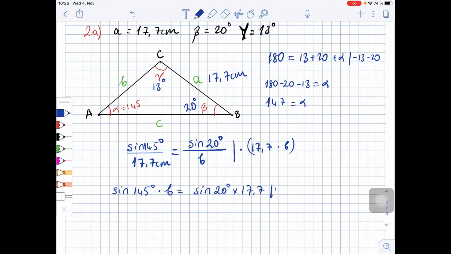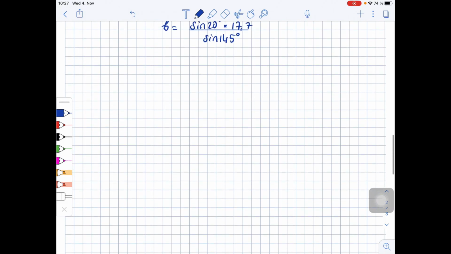So B is divided by sinus 145 degrees. So B is equal to sinus 20 degrees times 17.7 divided by sinus 145 degrees. Who's going to do this? Of course, the calculator. Alright, let's move on to 3a.